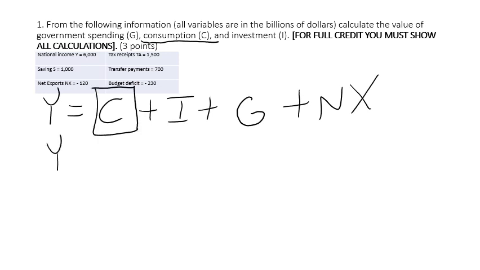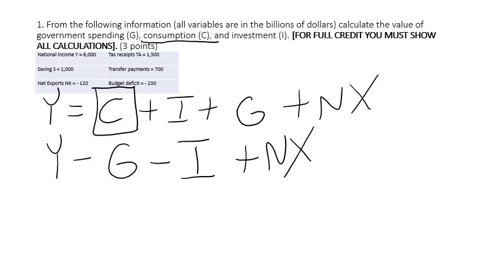So Y minus G minus I, and plus NX. It's plus NX because NX is negative, isn't it?